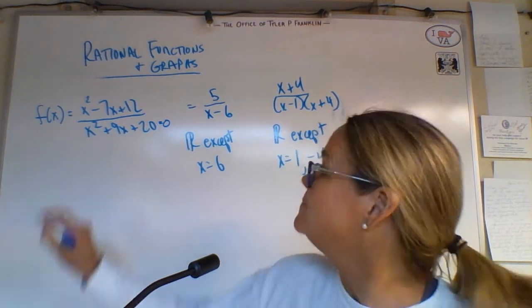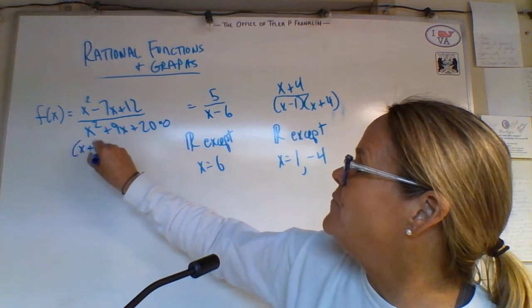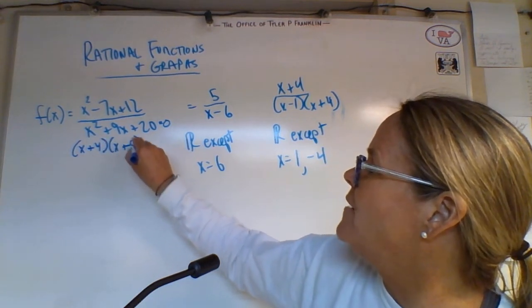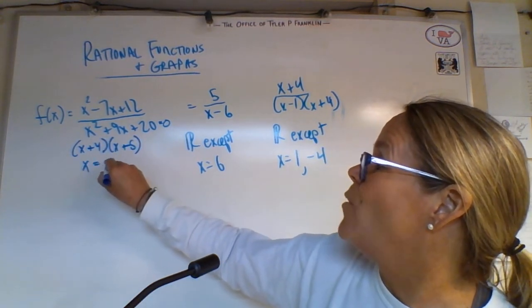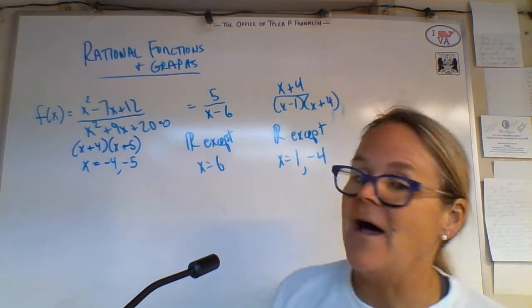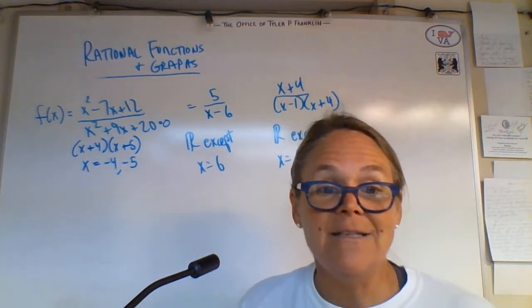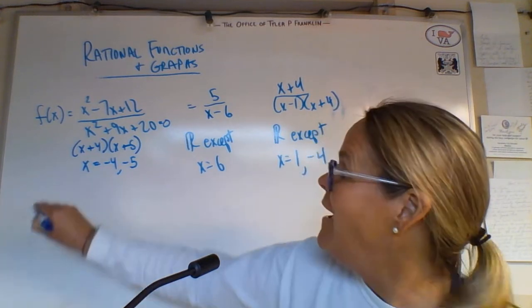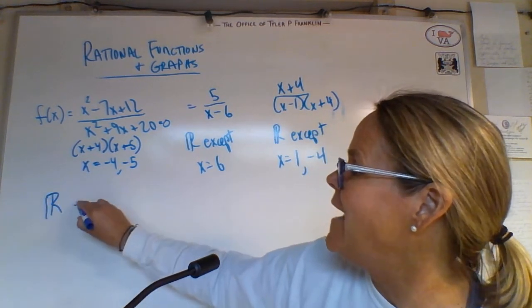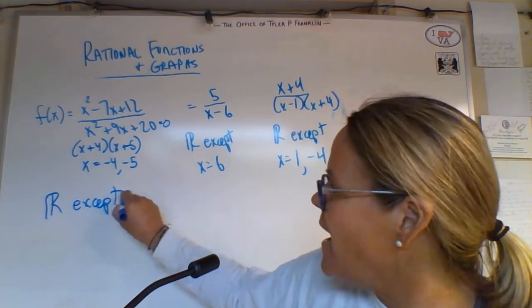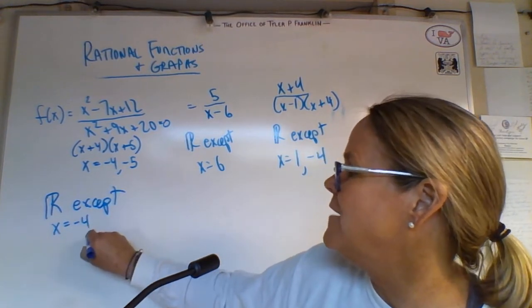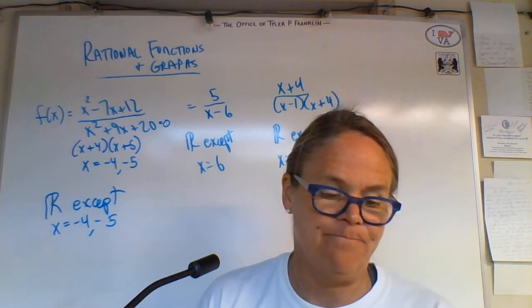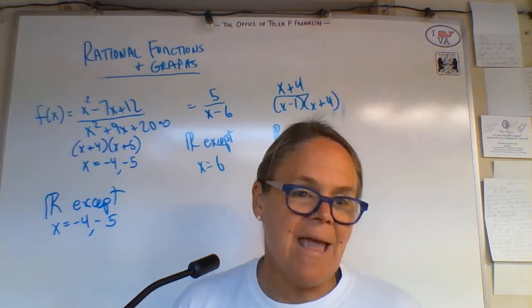I factor. So x plus 4, x plus 5. So I get -4 and -5. So if I say, what is the domain? What can I put in? I can put in anything except -4 and -5. So that's the domain idea.